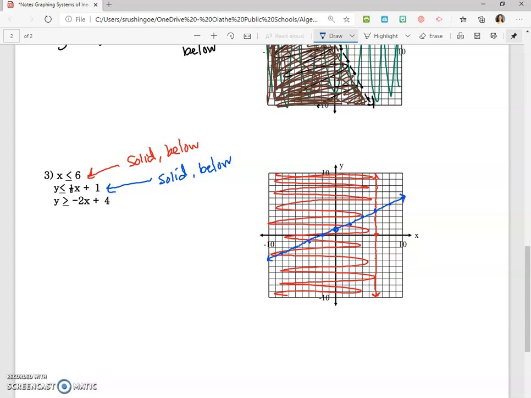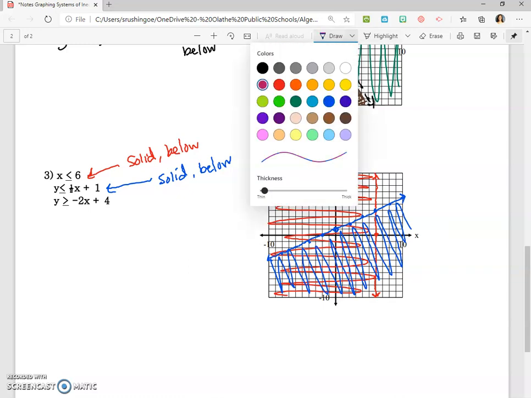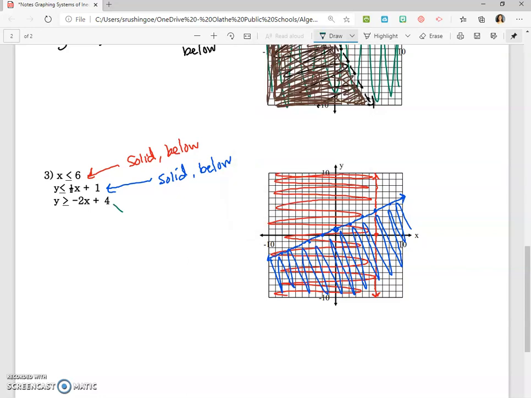And just picturing that blue line below is all this. Okay, and then our last one. Let's do green. Solid, so I got my line under there. I am above, greater than, and I'm going to start at 4. So 1, 2, 3, 4, moving down 2 over 1.